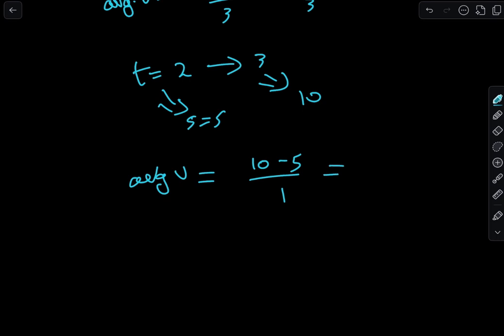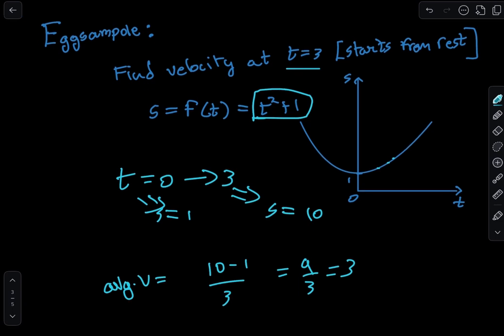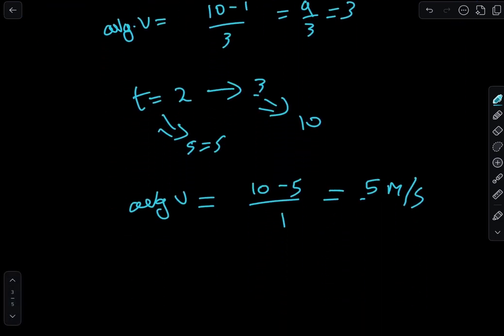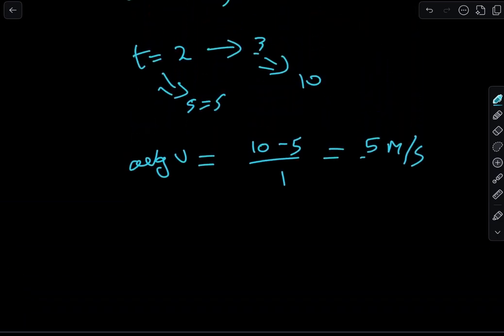So this time our average velocity is 5 meters per second. That's weird. It was 3 just now. Why is it 5? Does that mean the value is not constant here? Exactly. So let's try something else.